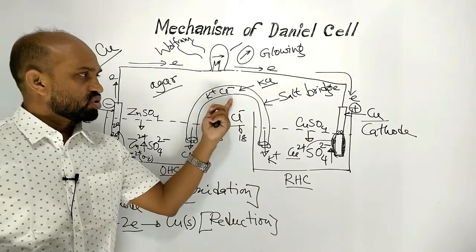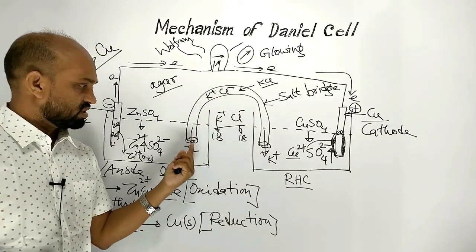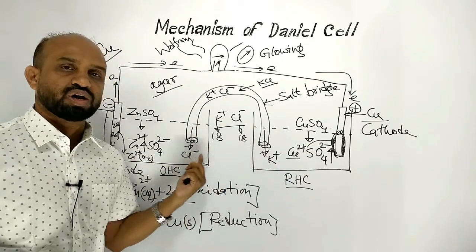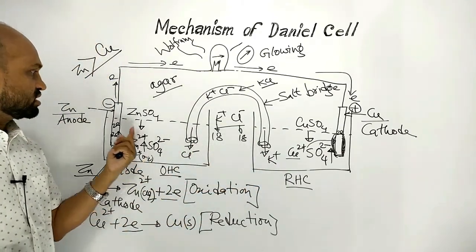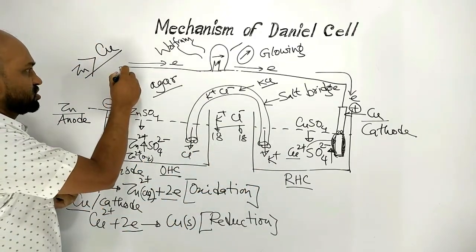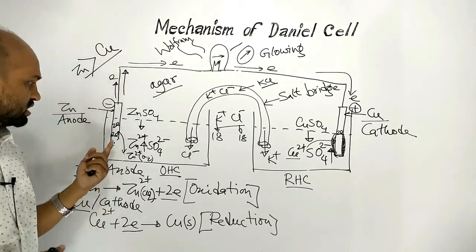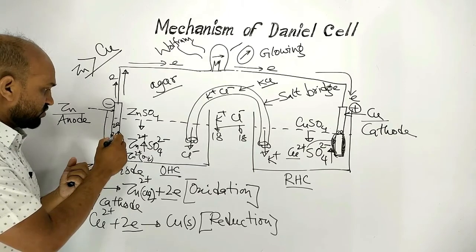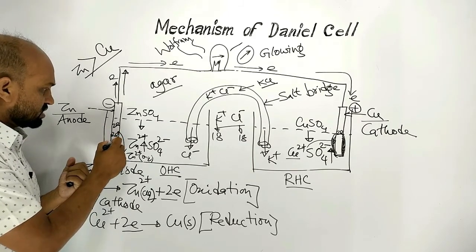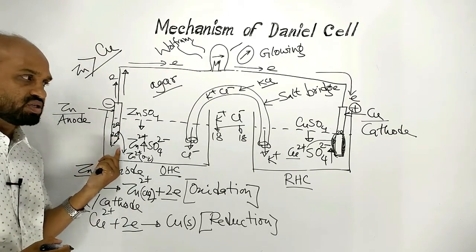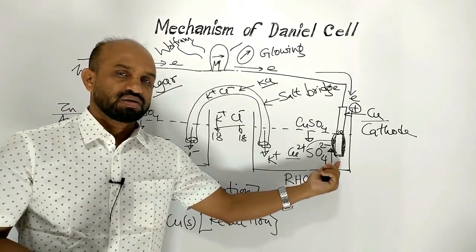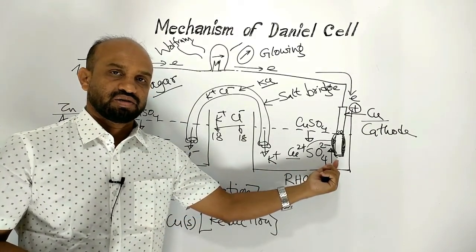When the salt bridge supplies necessary ions in two half cells, then electricity flow continues, and with the flow of electricity this metallic bar decays and this one is fattened.